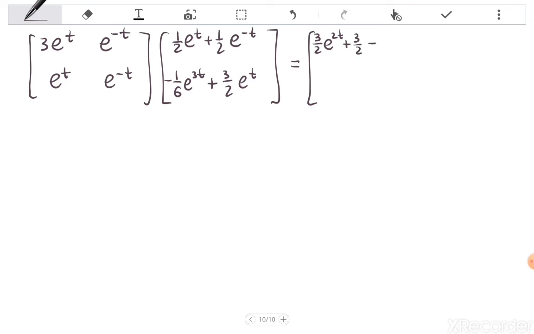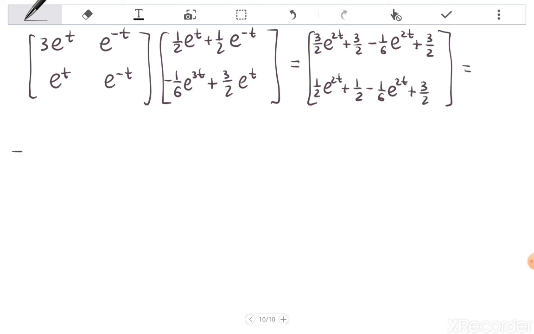Then this times this, minus 1 over 6 e to the 2t plus 3 over 2. Okay, this is the first component. The second component will be 1 over 2 e to the 2t plus a half, minus 1 over 6 e to the 2t plus 3 over 2.